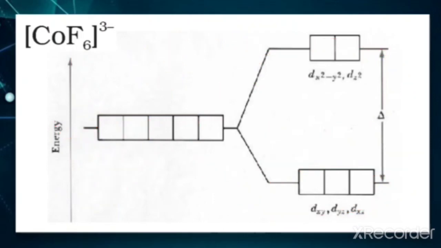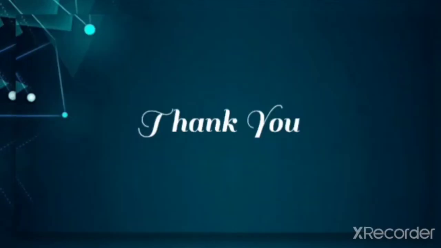So when you compare the CFT model with the valence bond theory model, we get the same result, that it is paramagnetic, with 4 unpaired electrons. That is the similarity in both cases, but the way of approach is quite different. So this is what we wanted to say about crystal field theory.